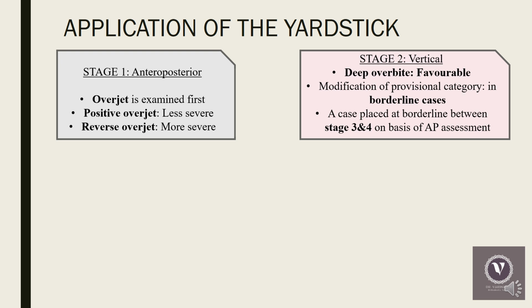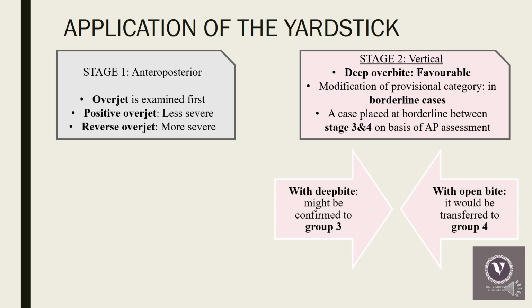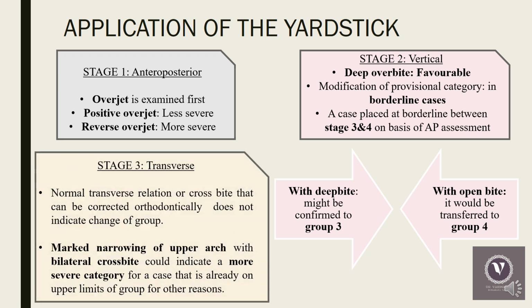For example, a case placed at a borderline between Group 3 and Group 4 on the basis of the anterior-posterior assessment, with deep bite, might be confirmed to Group 3, but if the patient has an open bite, it would be transferred to Group 4. The third step is transverse assessment.